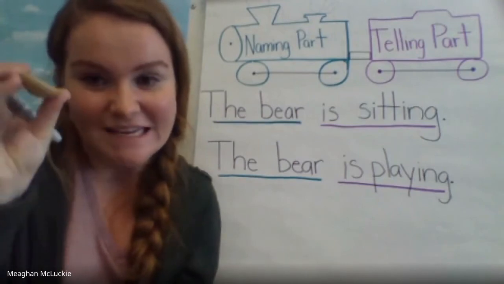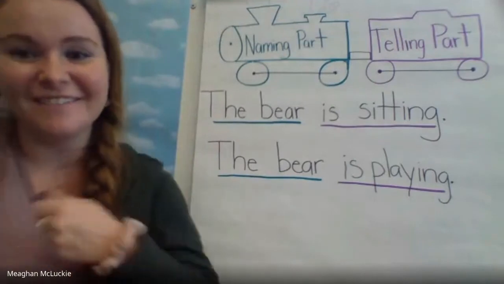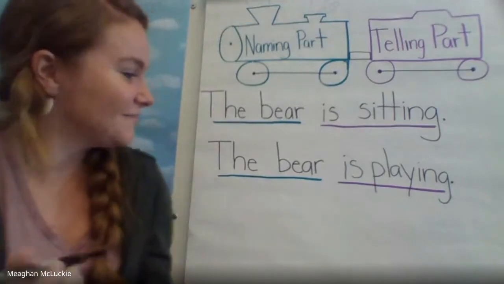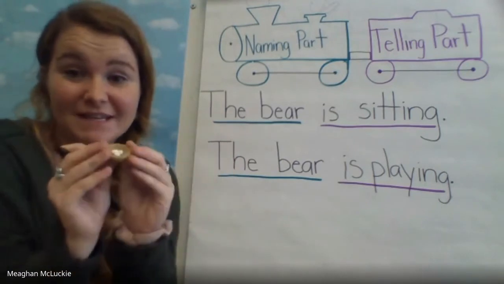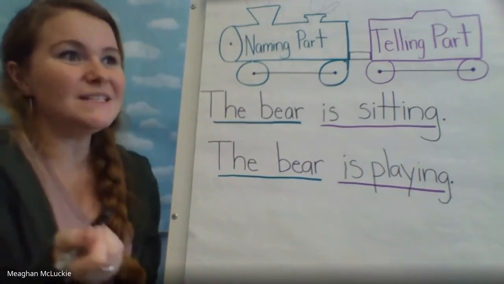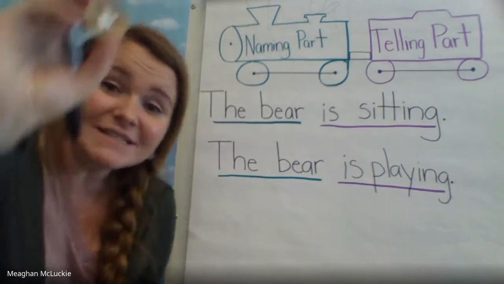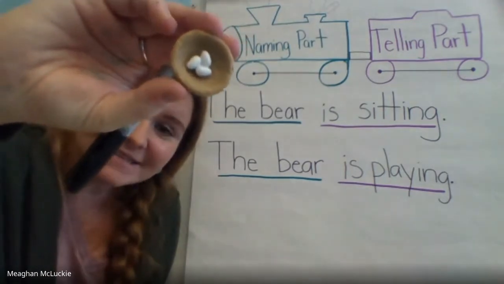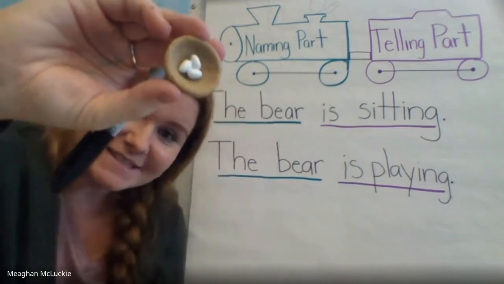That's why it's so tiny. It's not real. But you guys probably already knew that. All right, so here goes. I'm going to think about my naming part. I want to write a sentence about the bird's nest. So the bird's nest. Well, what do I want to tell about the bird's nest? Well, I want to tell that the bird's nest has eggs. Do you see the eggs inside of them? 1, 2, 3 eggs inside of this bird's nest.